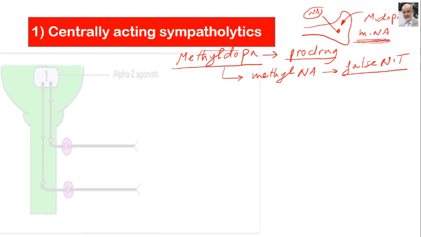Methyl noradrenaline is actually a weak adrenergic neurotransmitter. That's why it is known as a false neurotransmitter. Therefore, methyldopa will produce a false neurotransmitter, decreasing sympathetic activity, because the noradrenaline will be absent.